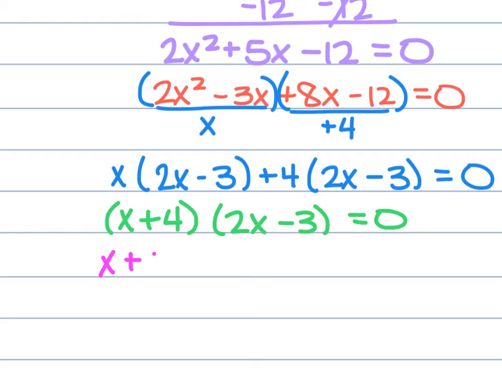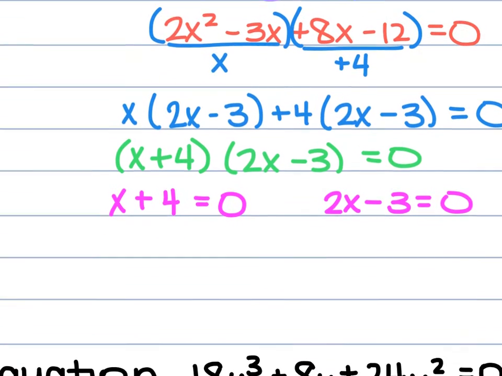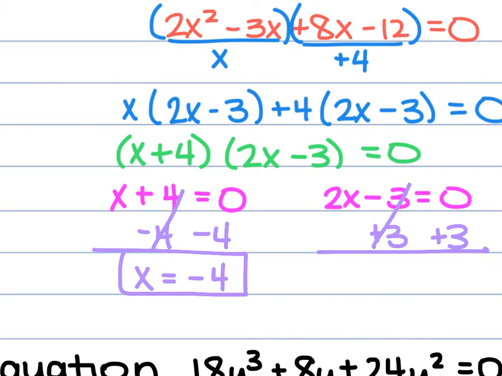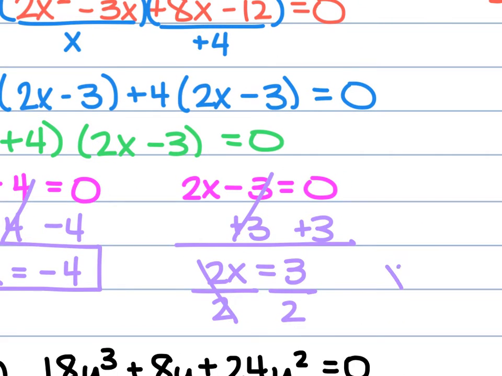So the x plus 4 is equal to 0, and the 2x minus 3 is equal to 0. Solve for x. We're going to subtract the 4. We get x is equal to negative 4. That's one solution. The 2x minus 3 is equal to 0. We're going to add the 3 to both sides. We get 2x is equal to 3. Then we're going to divide each side by 2. And we get that x is equal to 3/2.